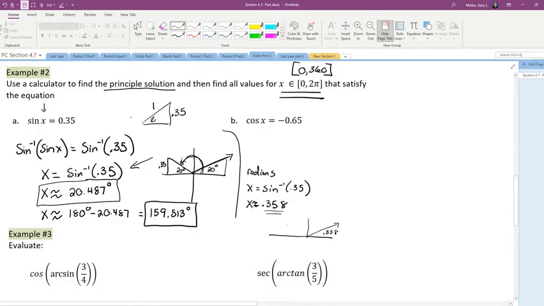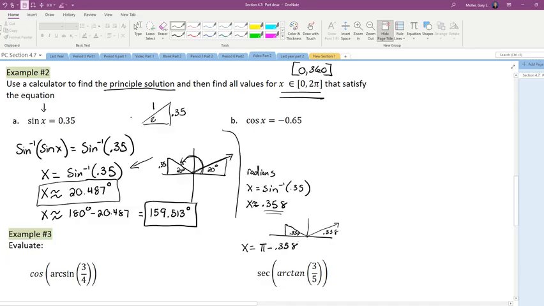So what other answer would we get? We would get the answer over here, where this is 0.358 radians. And what is that angle? It's still just the supplement. So x equals pi, 180, right, minus the 0.358.